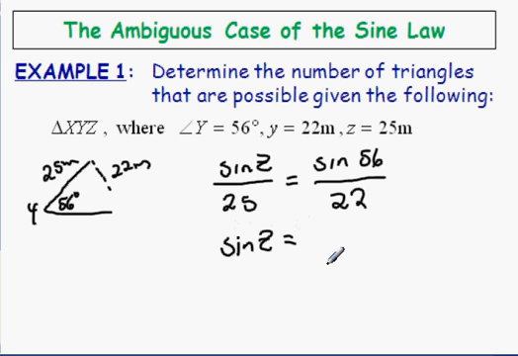So if we do 25 times sine 56 divided by 22, we should get 0.9 on our calculator, which means that sine z is in between -1 and 1.